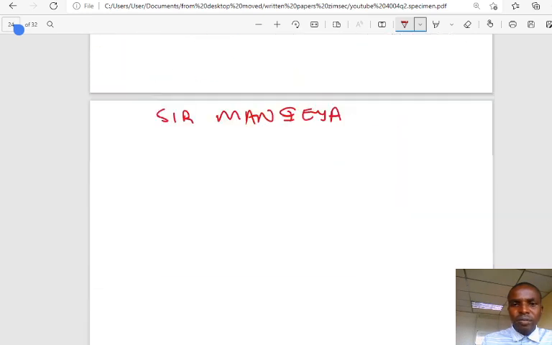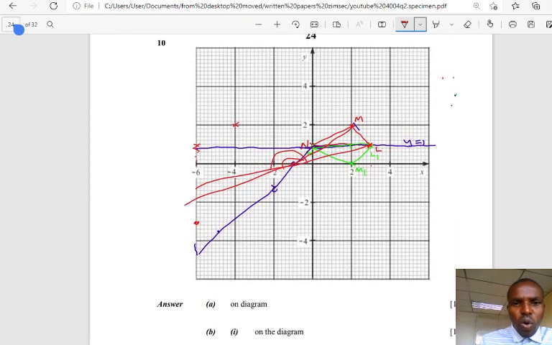Then 0, 1. X, 0, Y, 1. Then you join. So this will be a triangle.